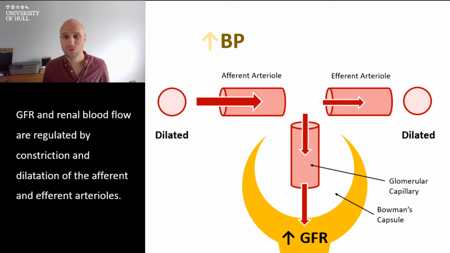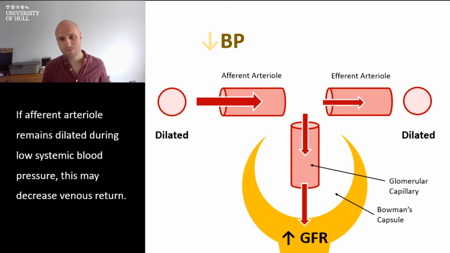In a situation where we've got a good, highish blood pressure, both the afferent and the efferent arterioles are dilated, and there's a good flow of blood both into the efferent arteriole, but also, importantly, into the glomerular capillaries, and then from there you get that glomerular filtration of fluid into the lumen rather of the nephron.